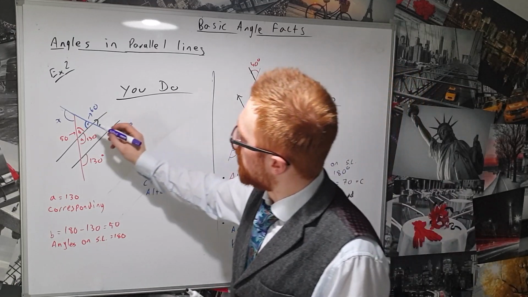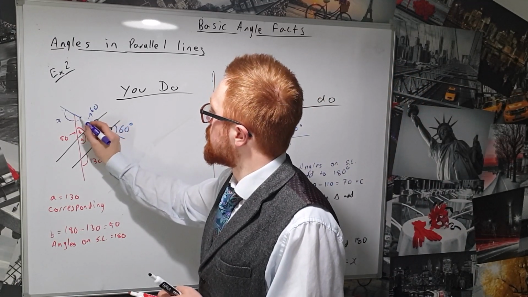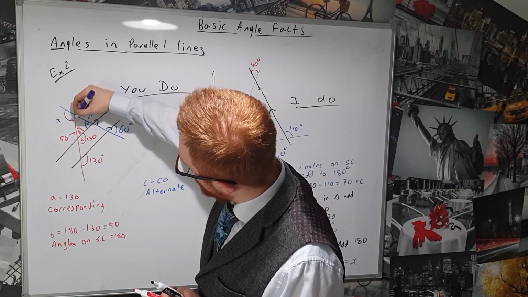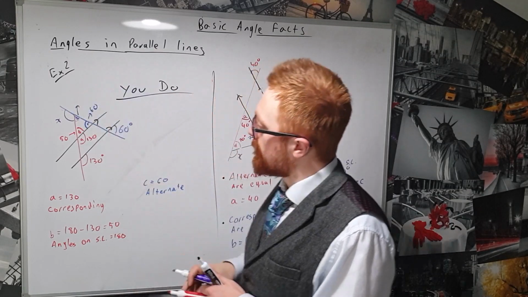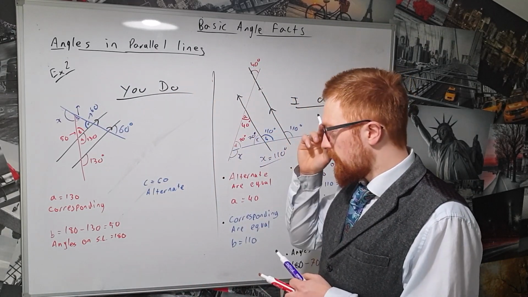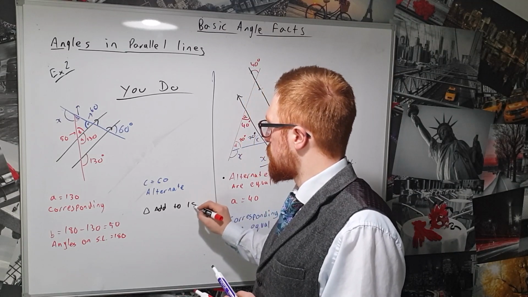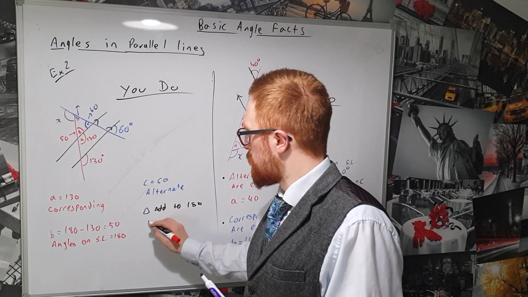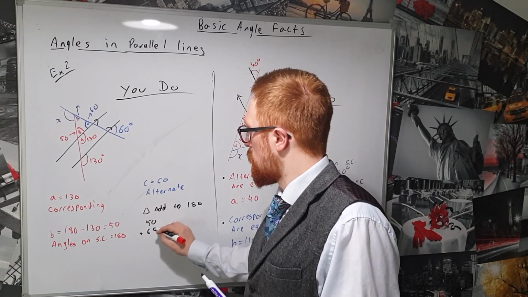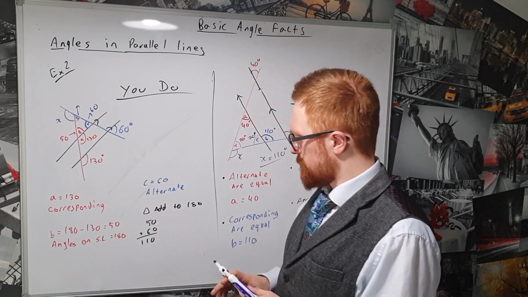And so now let's work out D. Okay. So angles in a triangle add up to 180. So I do 50 plus 60 is 110.